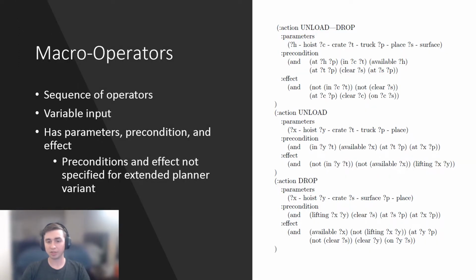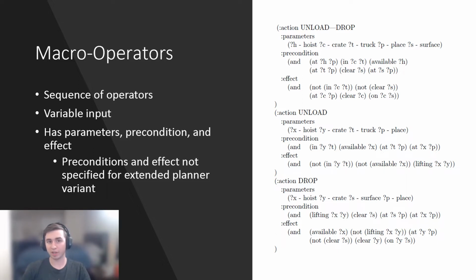The macro actions from the planning perspective are macro operators. These macro operators are simply a sequence of operators that are applied. They take a variable input, just like a regular operator, and have parameters, preconditions, and some effects. However, the preconditions and effects are not explicitly specified for the extended planner variant and are instead generated from the actions inside of them.